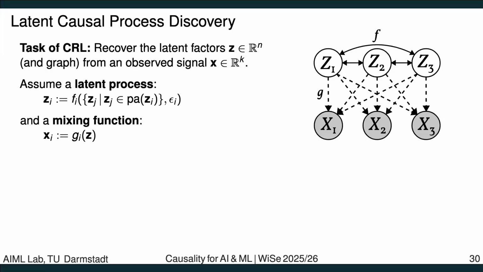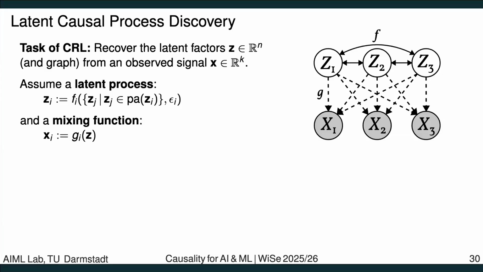Mostly we assume the structural equations form a DAG, a directed acyclic graph. And usually these variables are not observed. And what then happens, once this process is computed, is we take a mixing function g, which then produces our output.